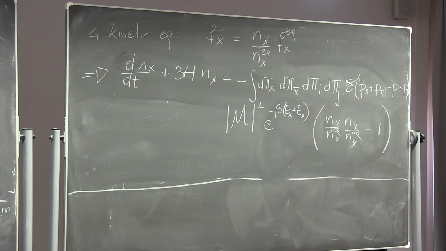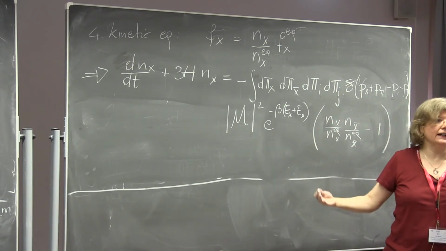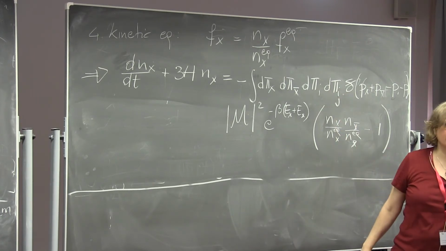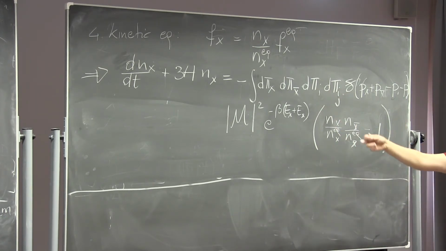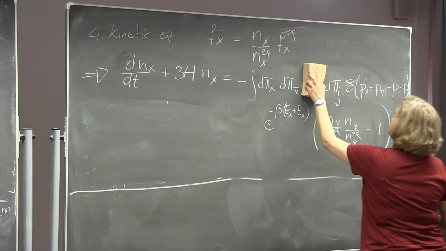Now, this again you can simplify just noticing that if you integrate in the final state this one with the matrix element, this is nothing else than the usual cross-section. You integrate in the final state phase space with the delta function and matrix element, this is sigma. So I can just drop this.